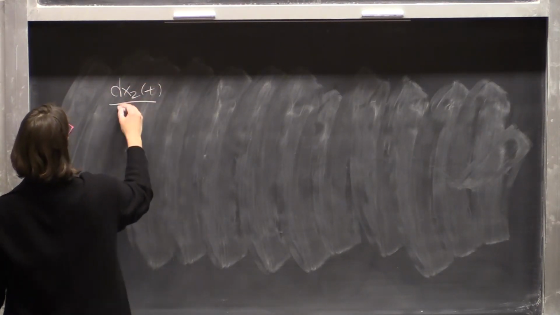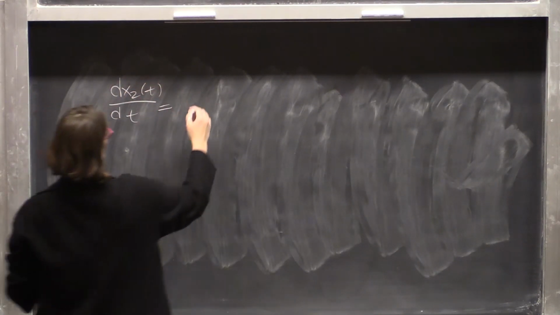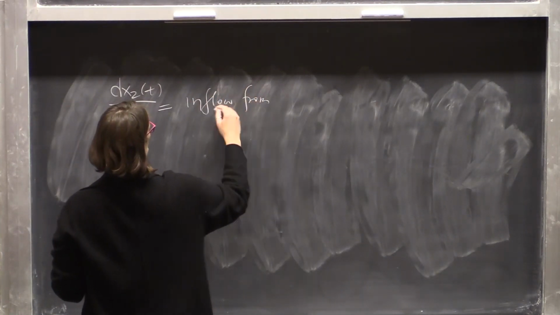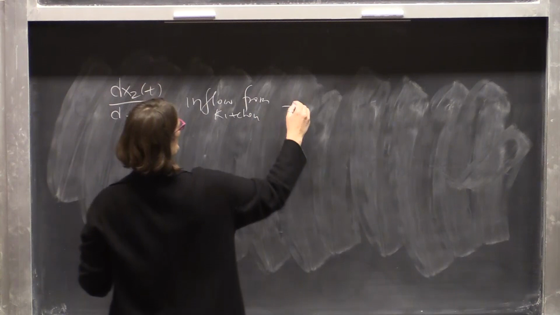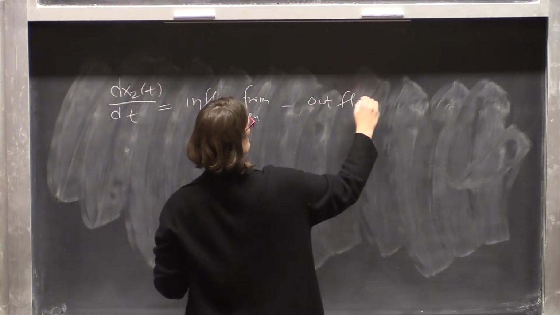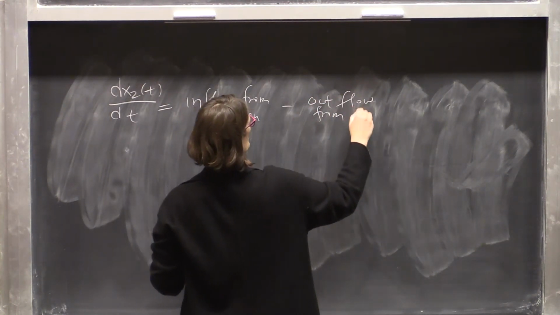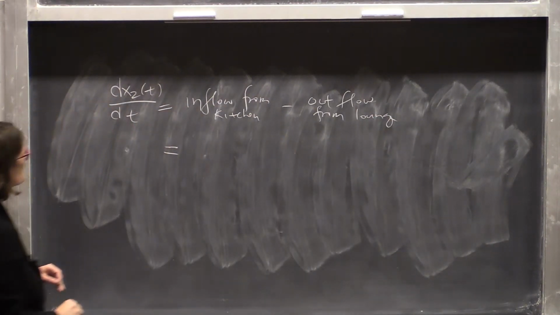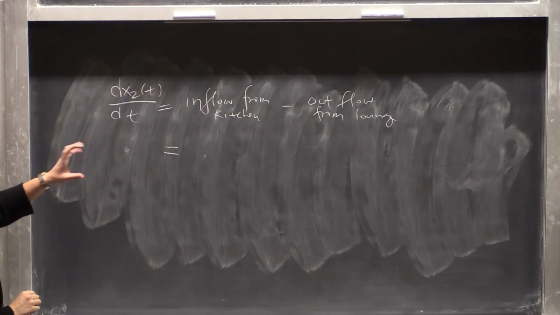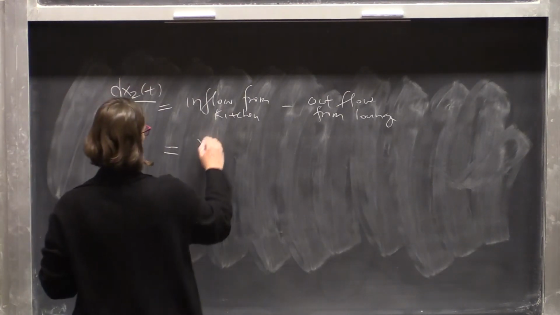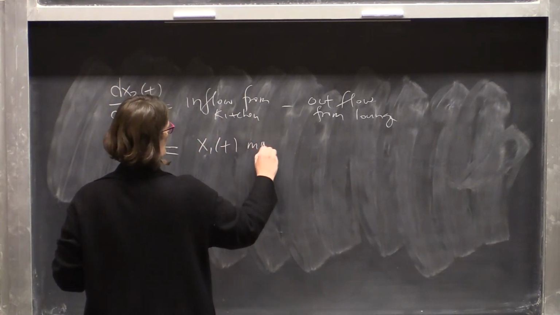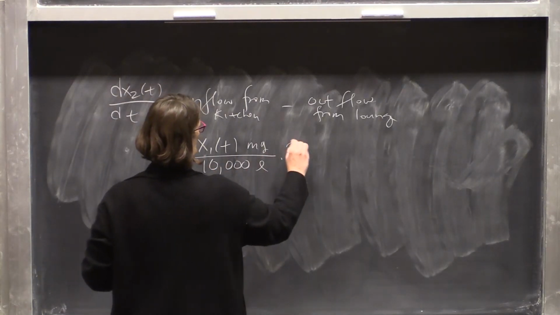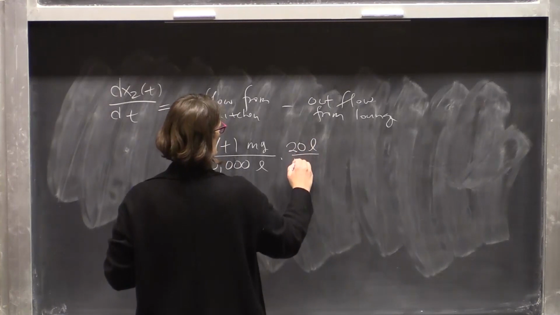dx2/dt is going to be inflow from kitchen minus outflow from lounge. The inflow from the kitchen is, we have x1 of t. This is the number of milligrams in the kitchen. We have the volume of the kitchen. We have the flow rate from the kitchen.